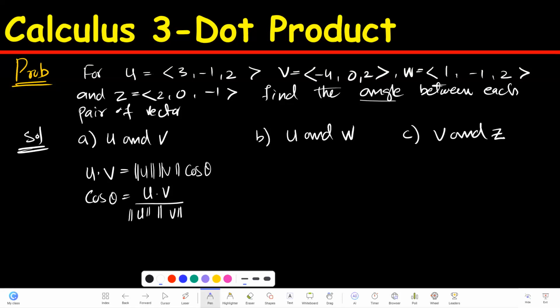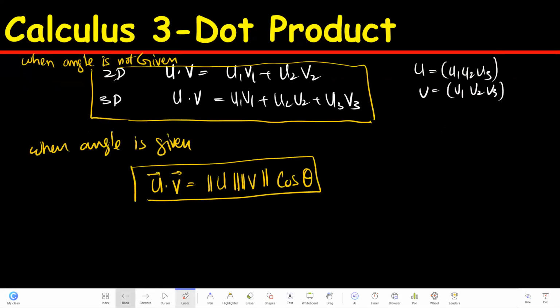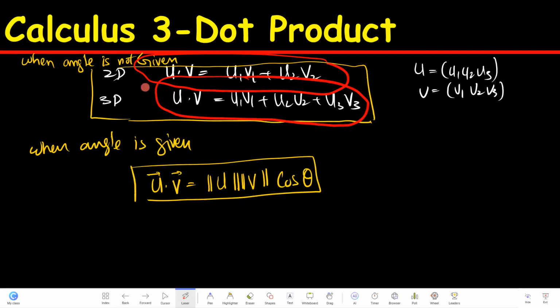Now, let's go back to the topic again. These two vectors are given in vector form, or component form. So in order to find u dot v, which formula should I use? Here, this one? Yes or no? No, sorry, the bottom one, right?